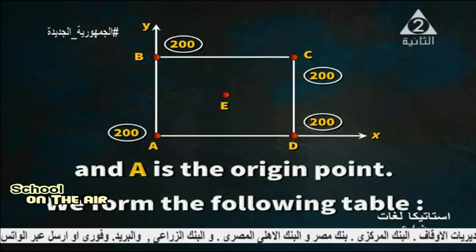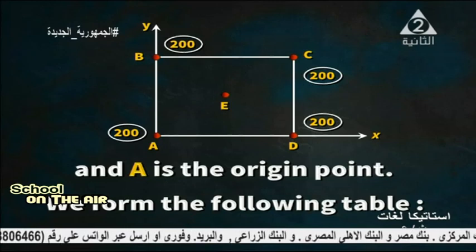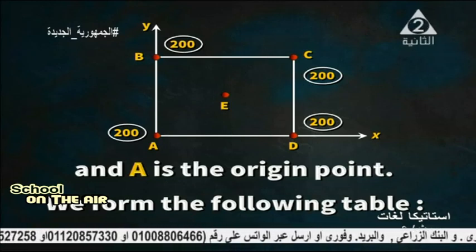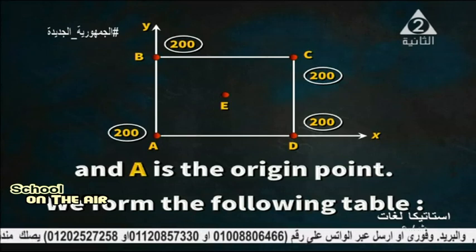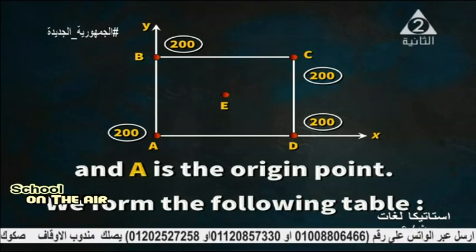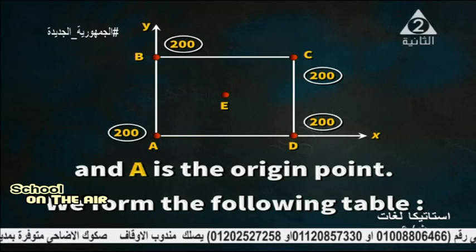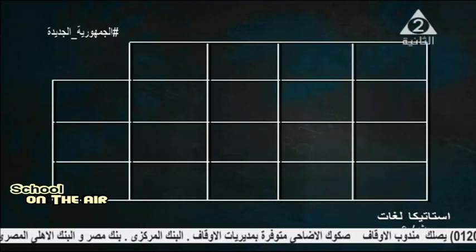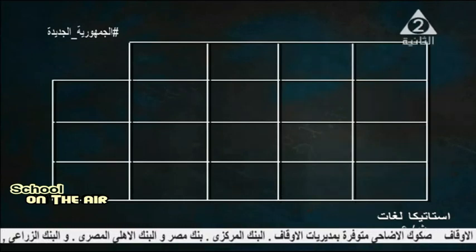We form the following table. Remember, my dear student, point D is at distance L, 0, but point B is 0, L. Point C is L, L. Look at the table which represents the center of gravity.